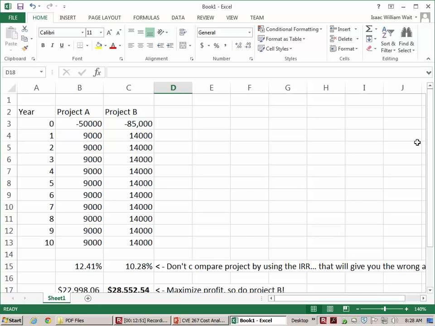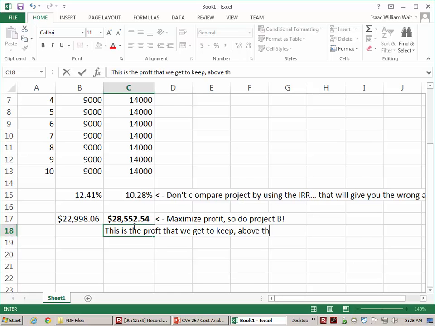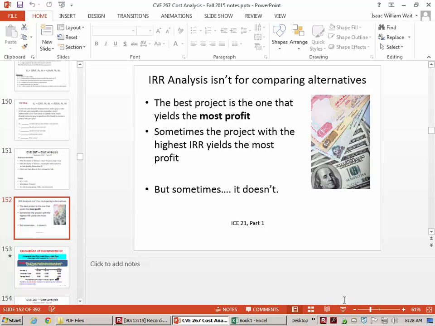And so what this represents is the profit that we get to keep above the amount of interest and principal repayment that we will be giving the bank. You get the idea. All right, so that's the answer to part C. Any questions?